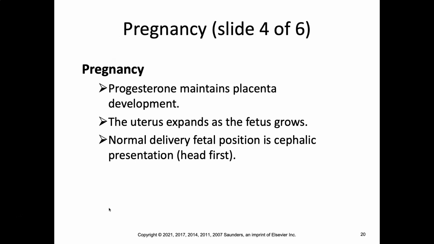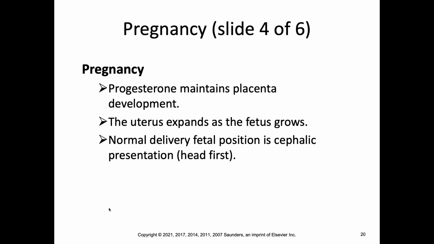So during the pregnancy, progesterone maintains placenta development. This is why some women with very high-risk pregnancies, that maybe they've lost previous babies through miscarriage, or what's called a spontaneous abortion, that's why they supplement them with progesterone, either tablets or injections, to maintain that placenta development.